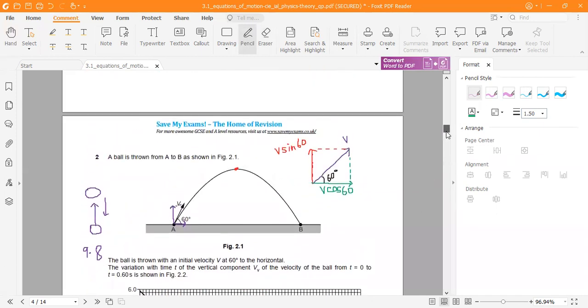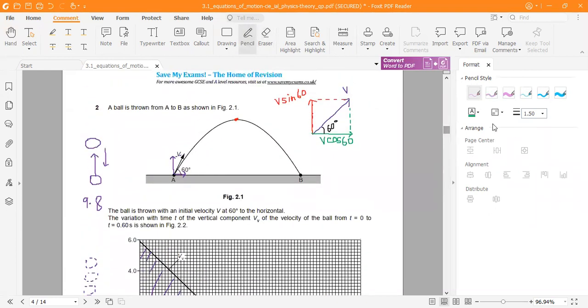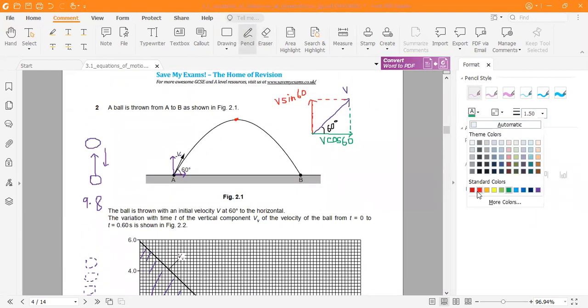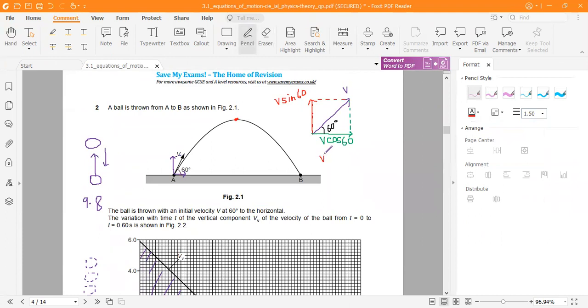So the initial vertical component of velocity is 5.9. So I can write v sine 60 is equal to 5.9. This is what I've seen from the graph, and from here I can find v.